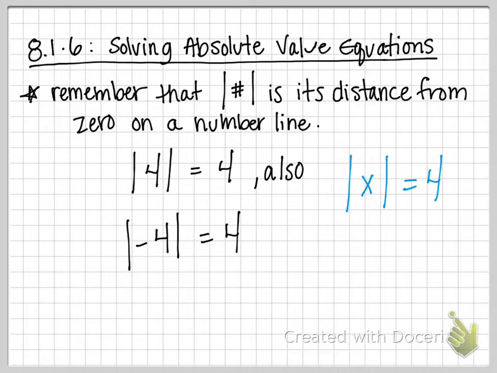Are you with me so far? Well, you know because of what we just did. The absolute value of 4 gives us 4, but the absolute value of -4 also gives us 4. So if I said the absolute value of x equals 4, what's x?